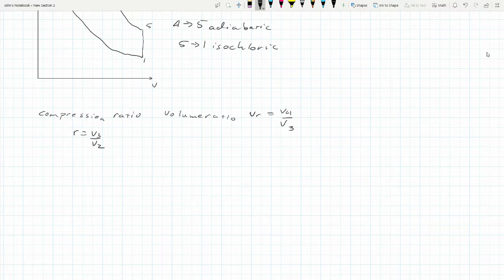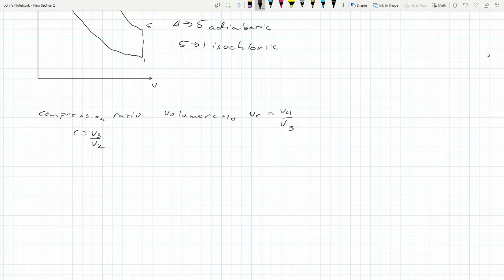Now here's the specific thing about dual cycles. In the book that I was working from, they did not refer to this as a cutoff ratio. They refer to it as simply the volume ratio. They'll say the volume ratio for the isobaric section is this. While in diesel cycles, they will call it the cutoff ratio. I do not know what type of textbook you are using, so I do not know what term it will use.